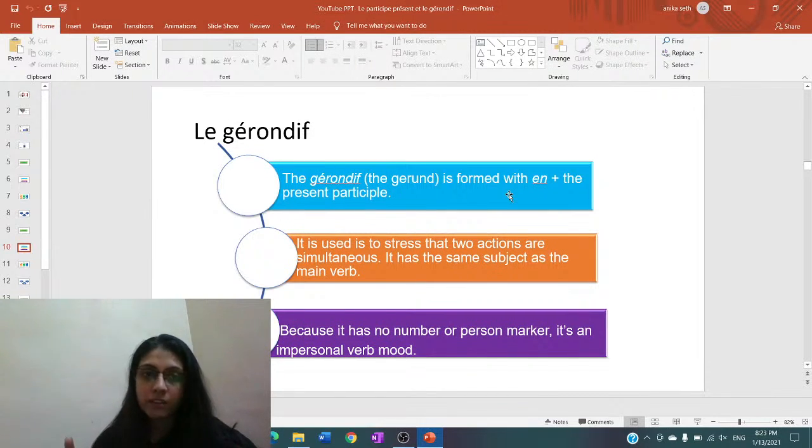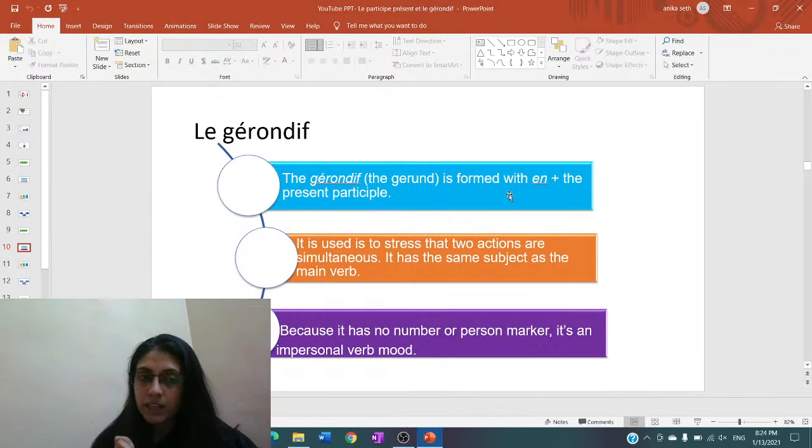So while I'm driving, at the same time I've switched on the radio and I'm listening to the music. So it is showing simultaneous actions, that two actions are going on at the same time. It's not that first I'm driving, then I'm listening to music. Side by side, as I'm driving, I'm listening to music. So we are stressing the fact that two actions are going on at the same time.